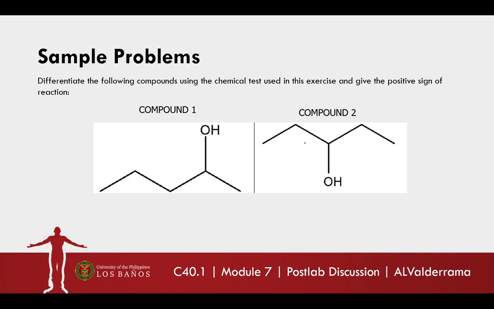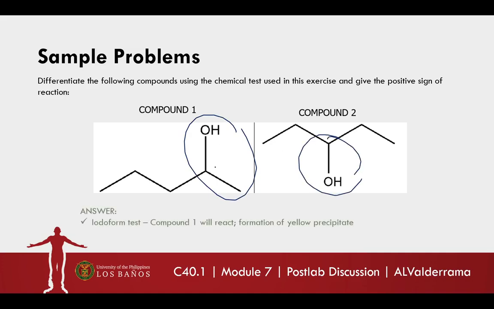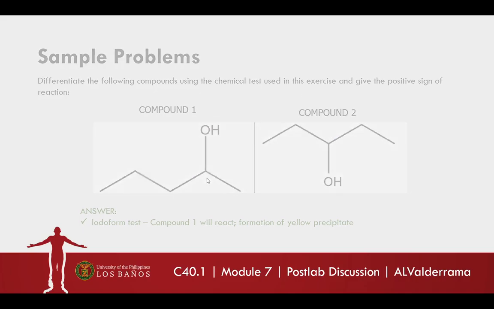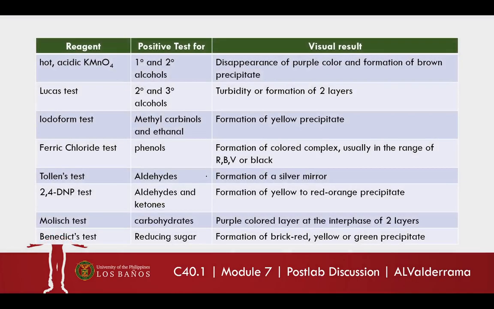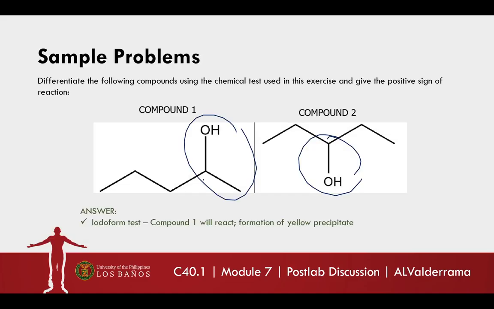So, how about this one? We have your, medyo ito ay carbonyl and secondary alcohol. So, pare-pares naman silang secondary. So, ang test natin is iodoform. Since sa compound 1, nag-react siya with carbonyl compounds. So, balikan lang natin yung isa.